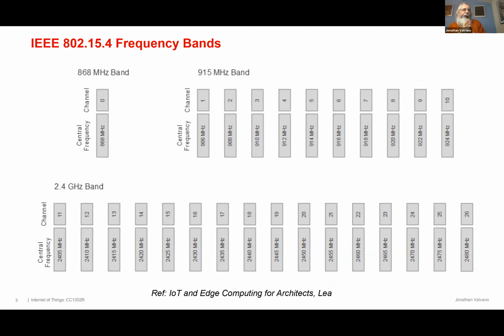Now, 802.15.4 has really two categories: the sub-gigahertz and the 2.4 gigahertz. As we'll see coming up in the next couple of slides, 2.4 is where Bluetooth low energy and Wi-Fi exist.